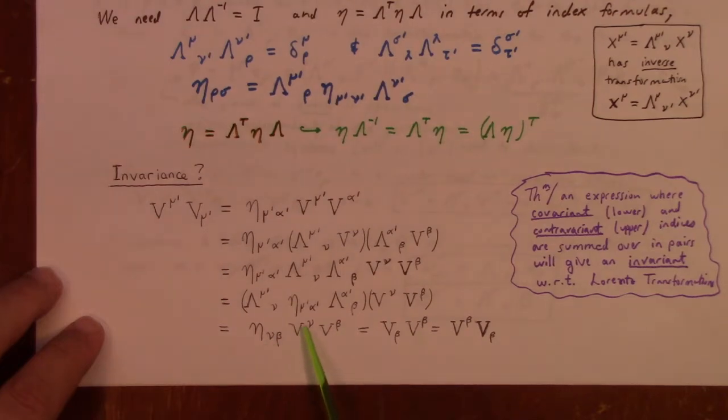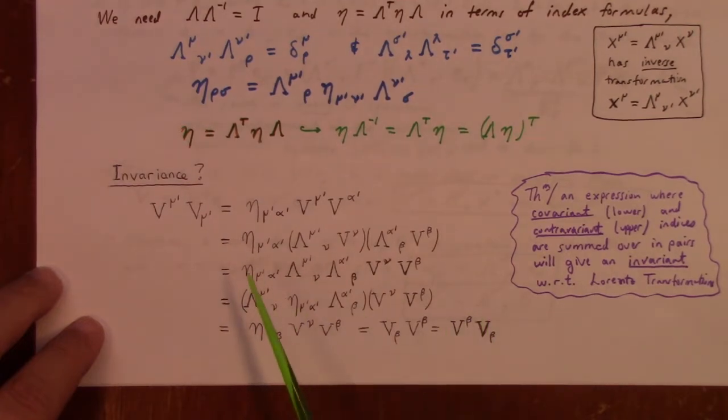So v nu, I can make that into a sub beta by this one here. Don't worry about the order of nu and beta, since eta is symmetric. V nu beta is v beta nu. So it doesn't matter which order they're in here. The point is that these two can become that, and then we've got a sum over beta, and of course you can also write it like that. These are just numbers that commute.